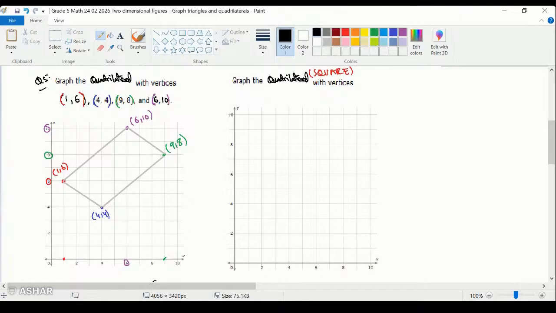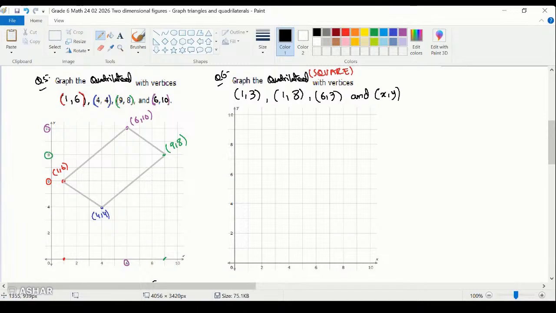Basically they are telling us graph the square. Let's suppose they give us the first few coordinates. They say the first coordinate is 1 comma 3, 1 comma 8, 6 comma 3, and the last coordinate we do not know.